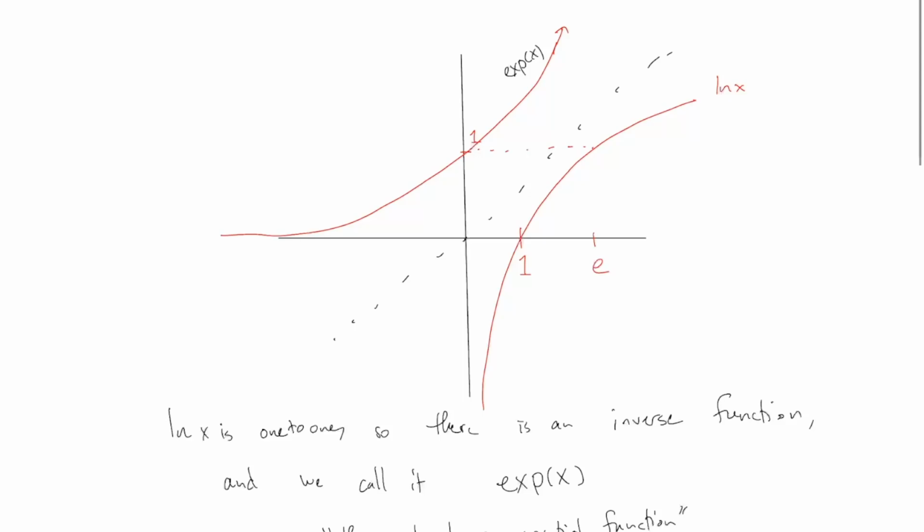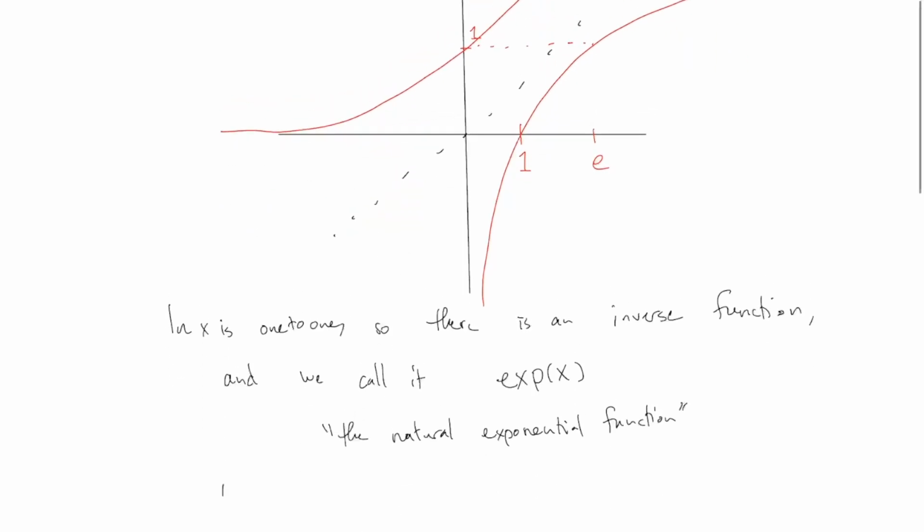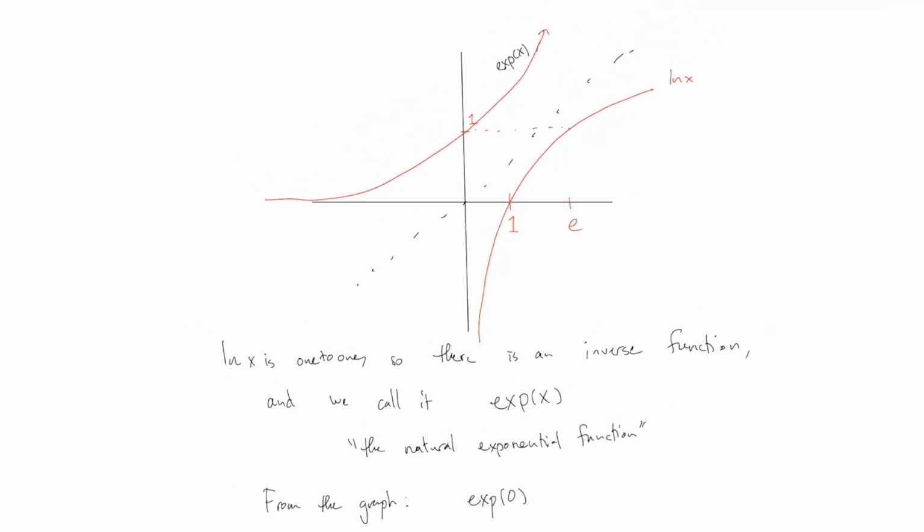And one thing that you can see right away directly from the graph is that exp of 0 is 1. That is, if you plug x equals 0 into the new function that I drew up top here, you get 1. And also, e is the one where ln of e equals 1.